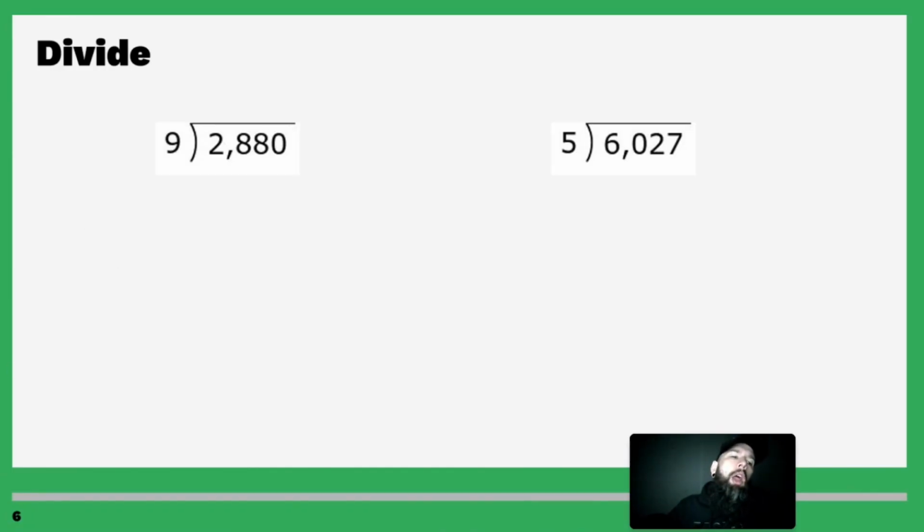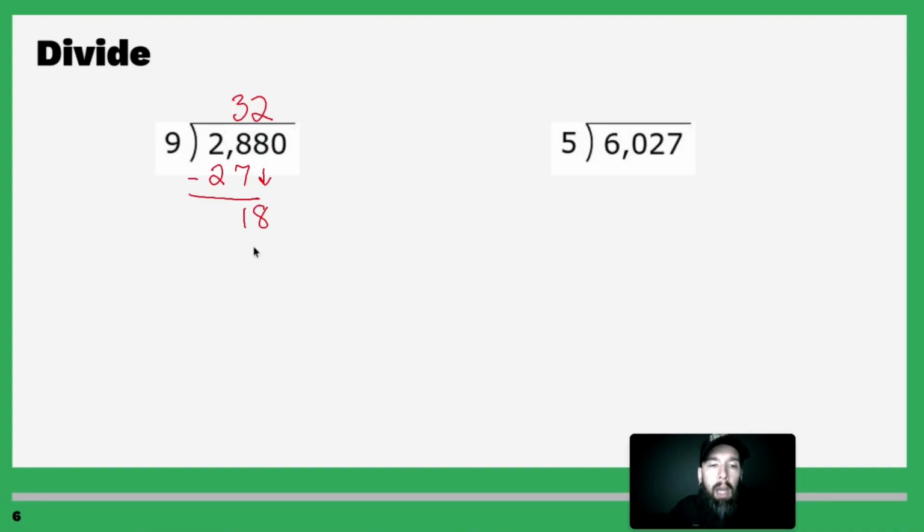We shall. 9 goes into 2, no times. 9 goes into 28, 3 times. So 3 times 9 is 27. Subtract. 28 minus 27 is 1. Bring down the 8 and repeat. 9 goes into 18 twice.